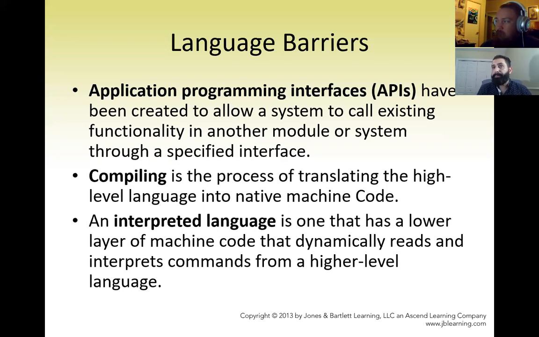That's compiling. You switch from high level to low level. An interpreted language is one that has a lower layer of machine language that dynamically reads and interprets commands from a higher level language.